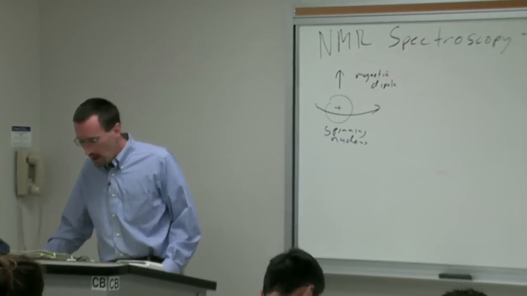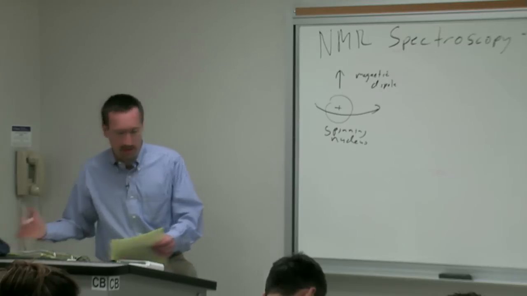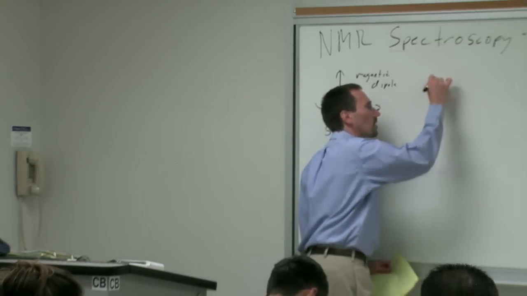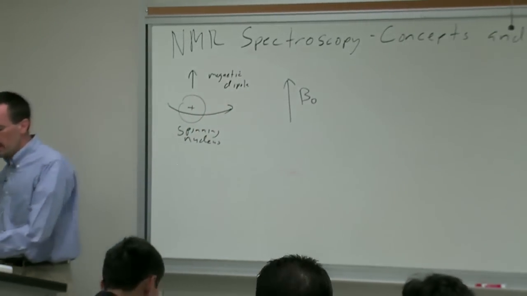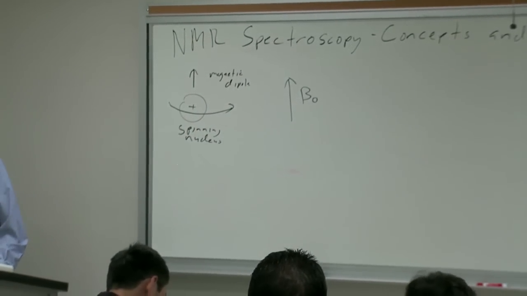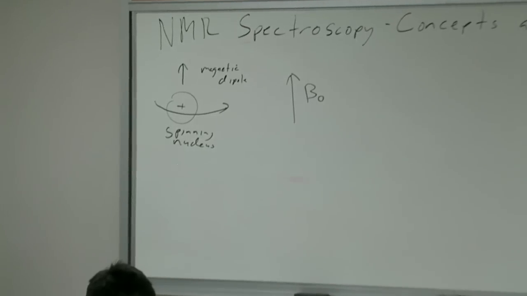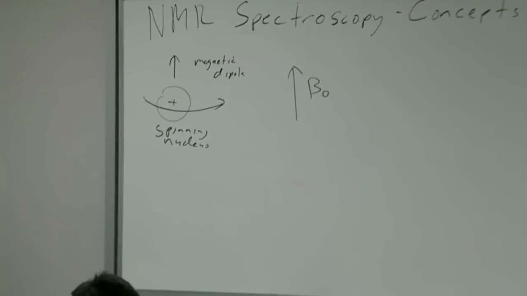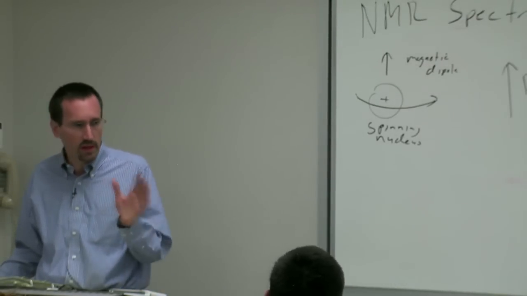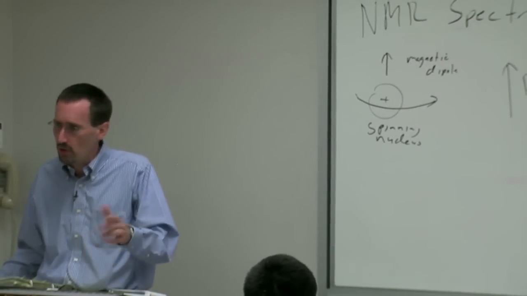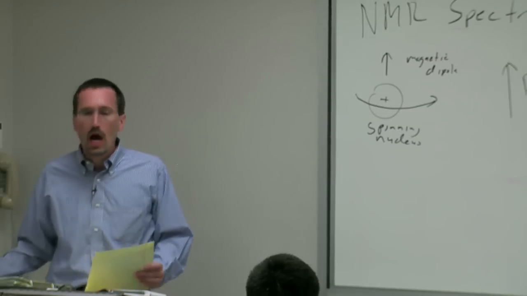And if you apply a magnetic field, we'll call that magnetic field B0, then you have two different spin states or more, and we'll see examples of this in the case of nuclear quadrupoles, but let's start with the case of a proton or a C13.